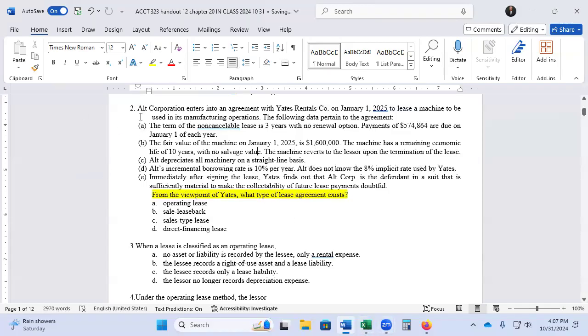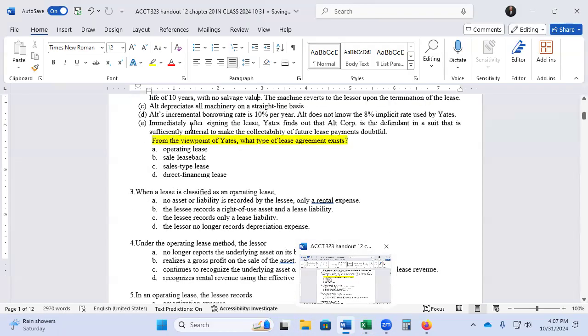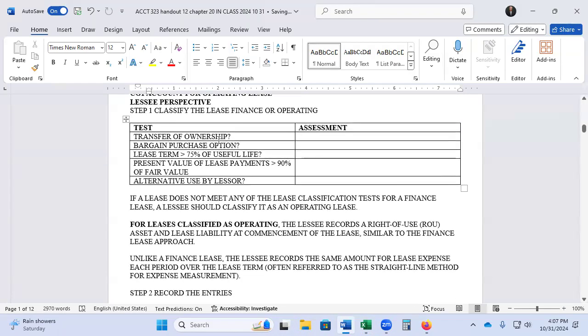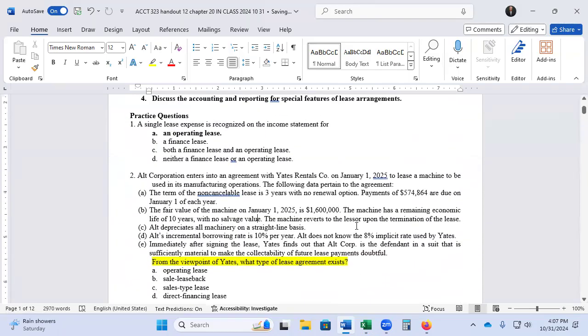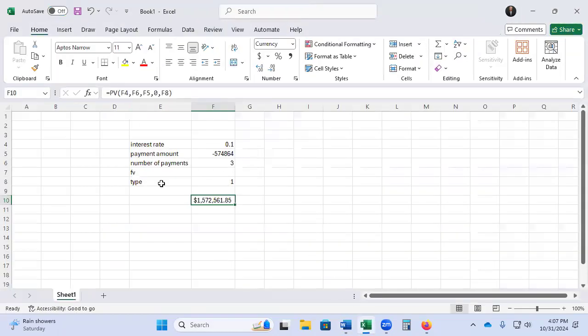So it's kind of hard to tell which one it's going to meet because we don't know the useful life. We know it doesn't transfer ownership. We don't see a bargain purchase. The lease term, we don't know. The present value of lease payments: it says the fair value is 1.6 million. I put in the lease payments amount, 3 for N, and future value, and we get 1.572 million.